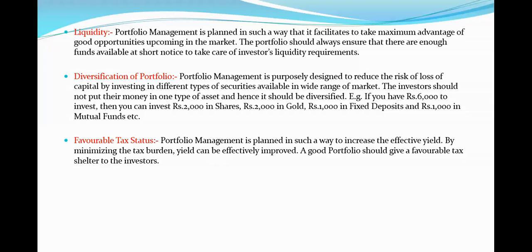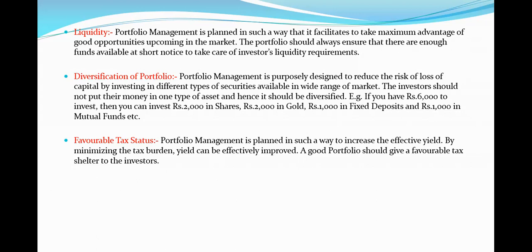So what are the tax exemption schemes, like Sukanya Samriddhi Yojana? For a female child, you invest into Sukanya Samriddhi Yojana and the National Pension Scheme. These are some schemes which give tax benefit, tax exemption.